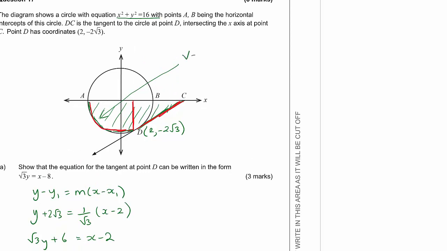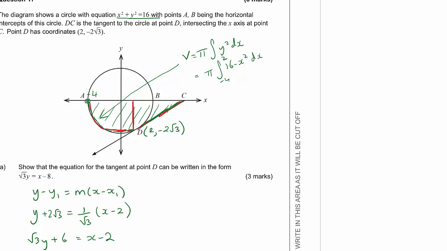So if we're doing pi times the integral of y squared dx, what we're going to have is pi times the integral of 16 minus x squared dx from here, which is -4, across to 2.